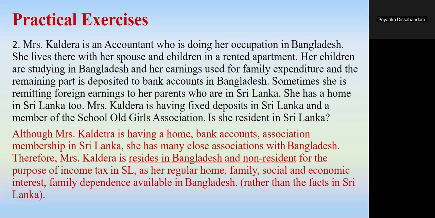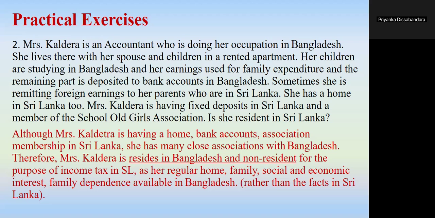She lives there with her spouse and children in a rented apartment. That means she is in Bangladesh with her family and she rented the apartment. Her children are studying in Bangladesh and her earnings are used for family expenditure and the remaining part is deposited to bank accounts in Bangladesh.